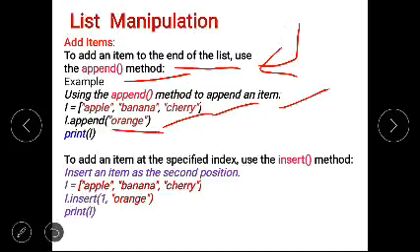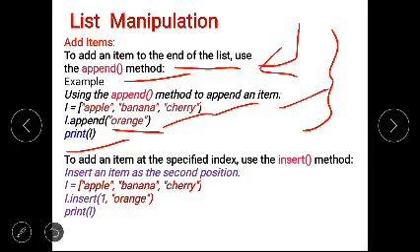After that, if you give the print command, this will print all the items including those which you have added right now. This is especially used to add the item at the end of the list.